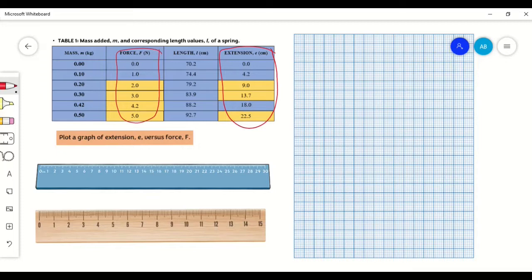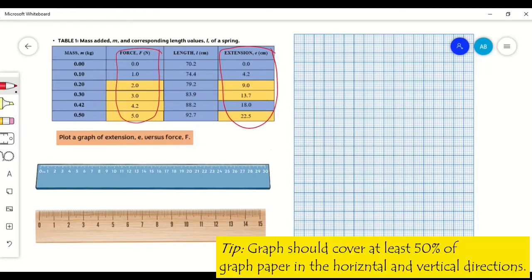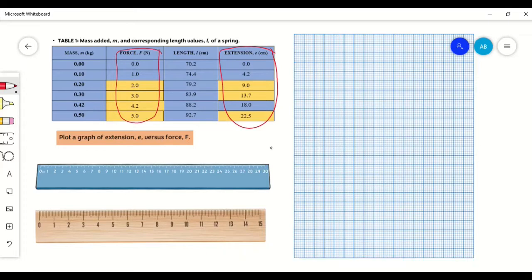You also have to make sure that the graph covers more than 50% of the paper in the vertical direction as well as in the horizontal direction. That's another consideration. Just like this ruler, where you see it increasing 0, 1, 2, 3, you recognize that every value is an increase of 1.